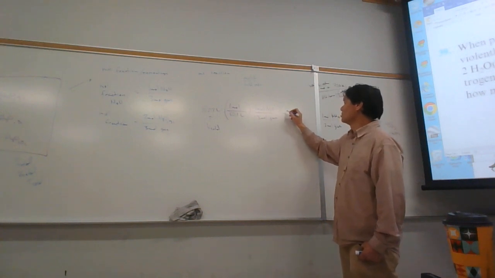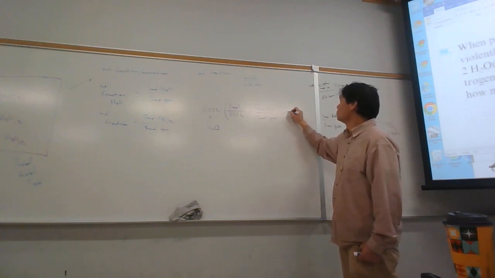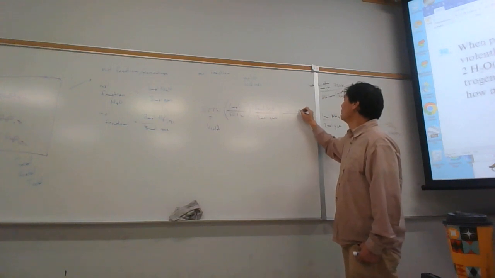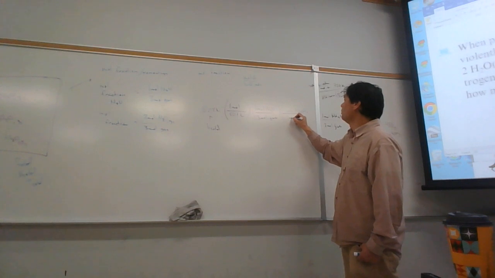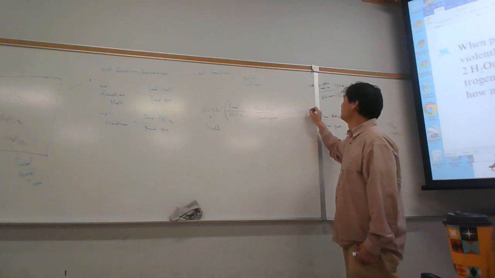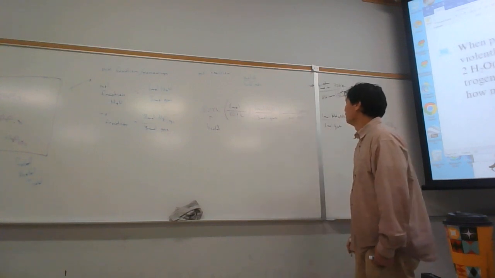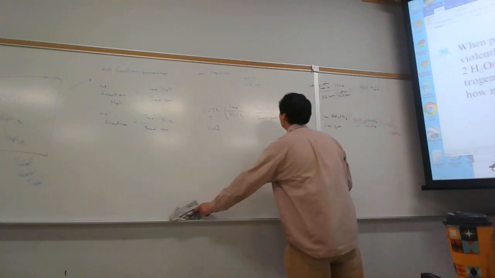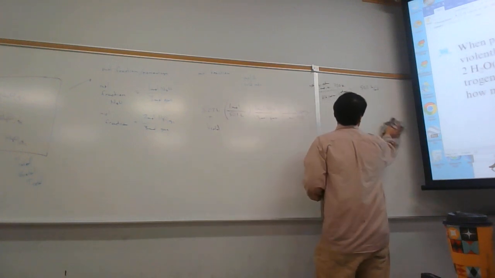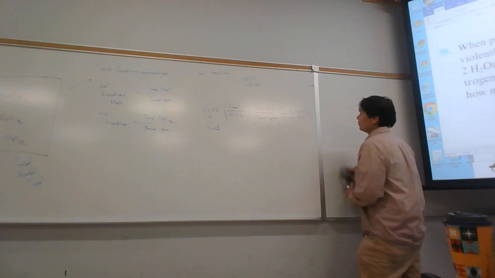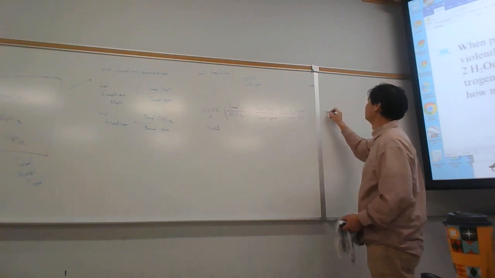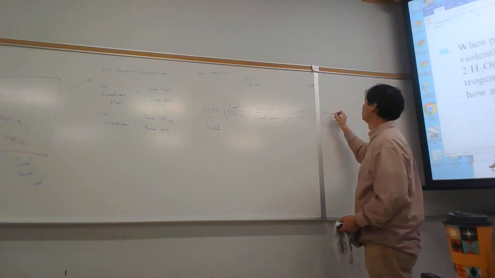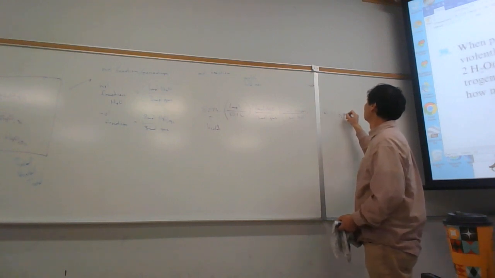We could have gone to water too. And it's a 1-to-1 mole ratio. So 1 mole of ammonium nitrate for every 1 mole of nitrous oxide. And then we could go to mass of ammonium nitrate using the molar mass, which is what, 80 point whatever. Was it 80.01?